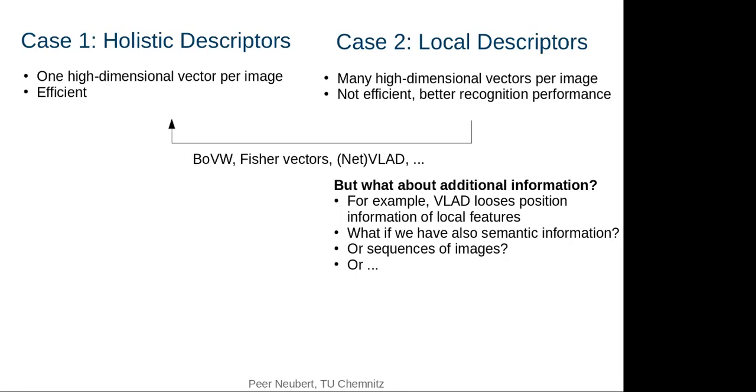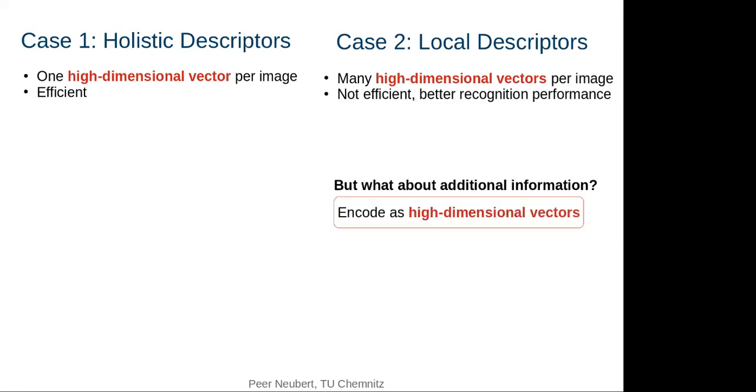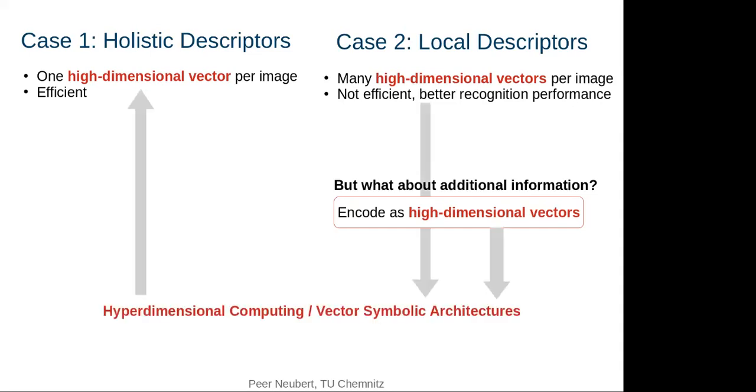Okay, we have high-dimensional vectors for the local descriptors, and the holistic descriptor is also a high-dimensional vector. So the idea here, again, we encode each piece of additional information, again, as a high-dimensional vector, and then use hyperdimensional computing or vector symbolic architectures to generate this single holistic descriptor.